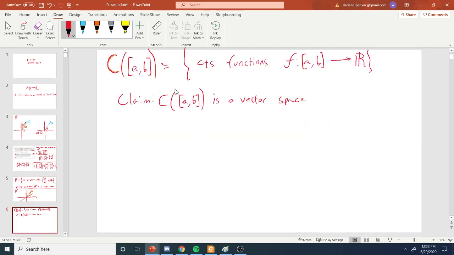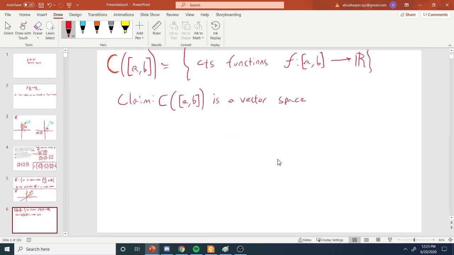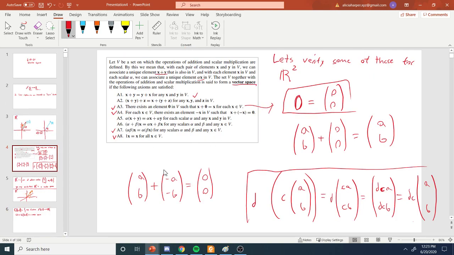And if this C of AB turns out to be a vector space, you might think that it also has a dimension, and it does, and it turns out to be infinite dimensional, because there's lots of continuous functions. So as a vector space, this is in some sense much bigger than any of the examples that I just talked about. But it still is a vector space, which means the techniques of linear algebra can still be applied to it. So to verify that, let's see how the axioms apply.